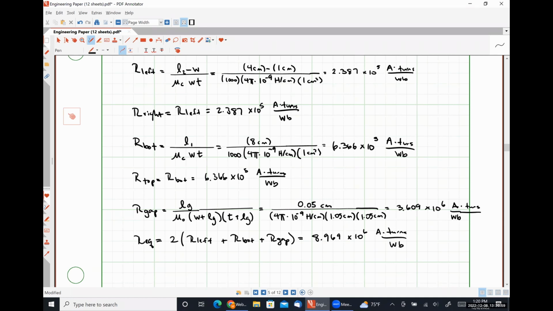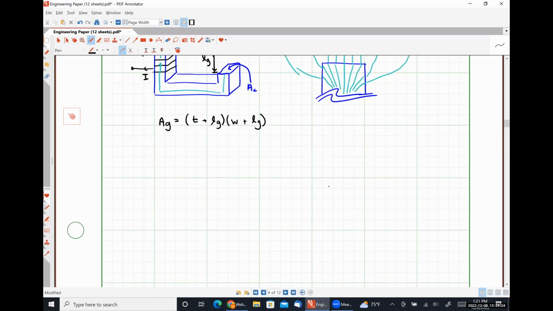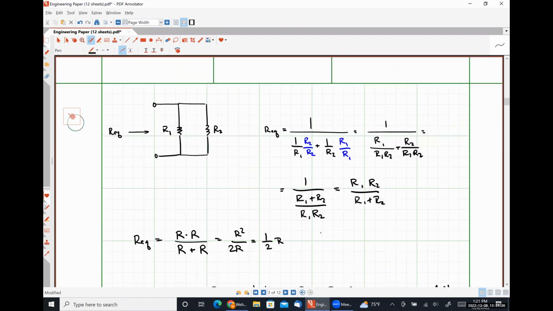All right, so we've done a whole hell of a lot of work here to figure out what our equivalent reluctance of our circuit is. How do we find our MMF? So let's go back to those first equations.